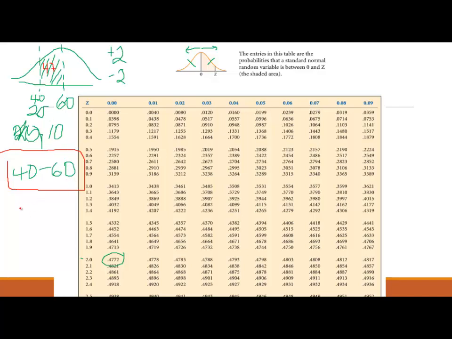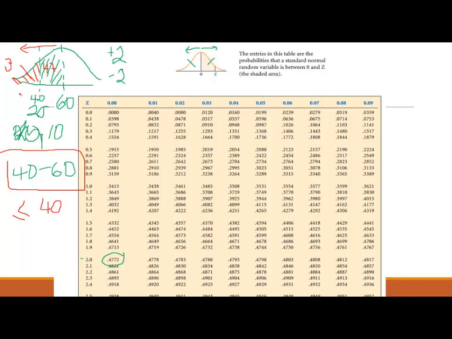What percent of the people make less than $40,000? That is now asking this area. What percent of the people make less than $40,000? So if the right side of that is 47% and the whole area over here is 50%, then the answer is 3%.